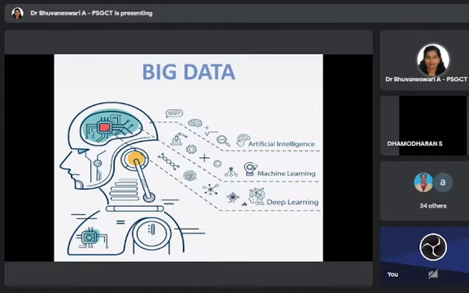Only when you have large data sets, you can come up with intelligent systems. So AI is based on data, big data. So from this data, AI builds the knowledge base.